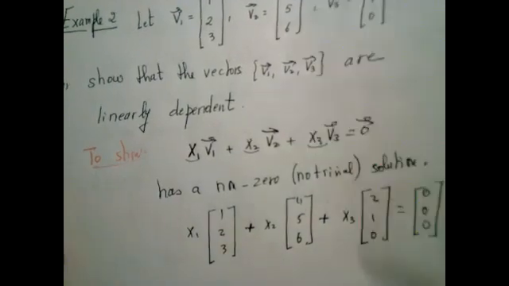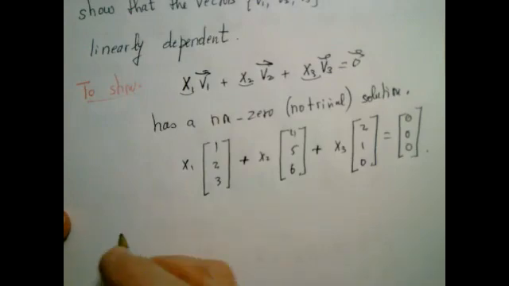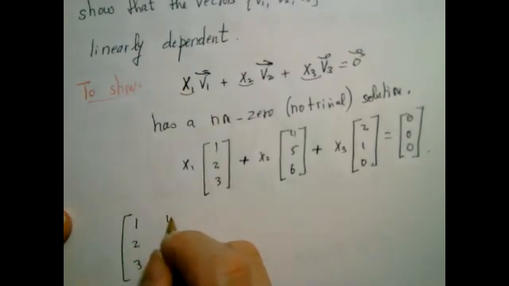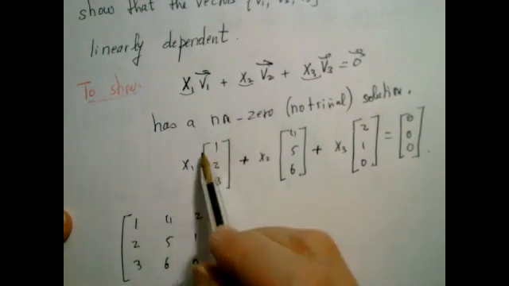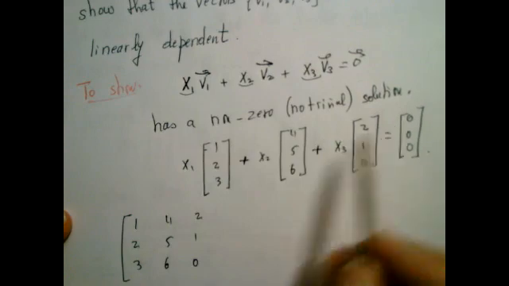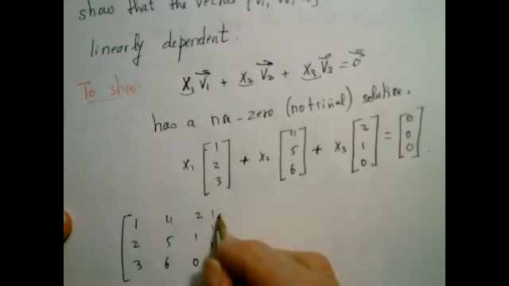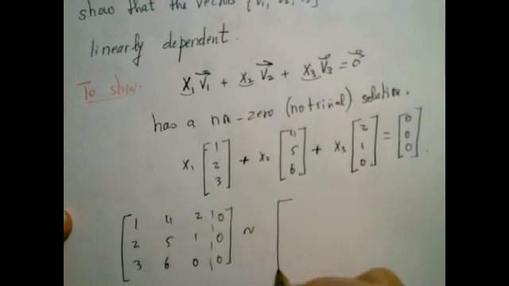So I'm going to put this in an augmented matrix as usual and solve it. That's the only way we're solving so far, because if you read it, x1 plus 4x2 plus 2x3 equal to 0, we are equating entries. And I reduce.